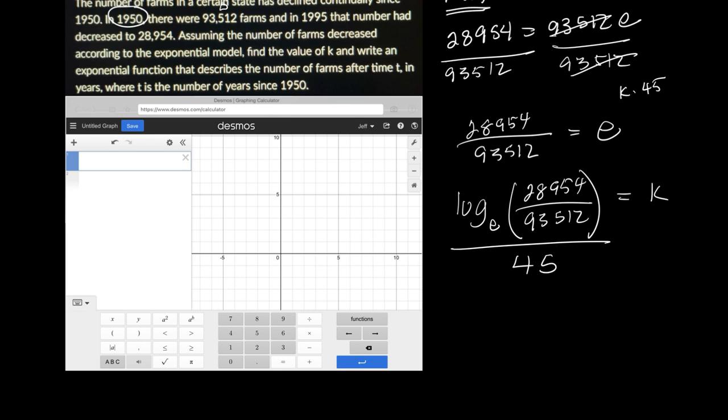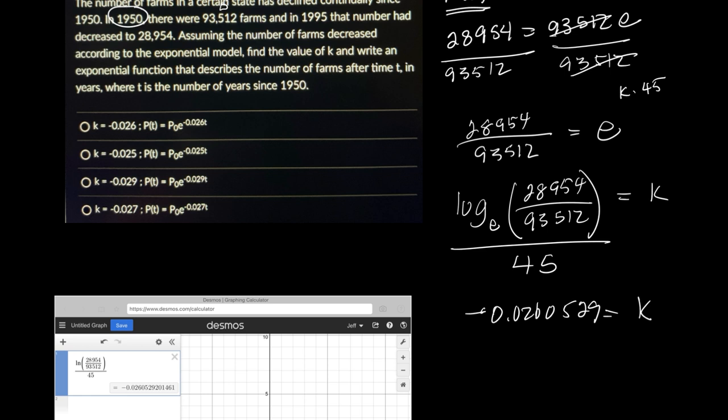So I've got to go ln of 28,954 divided by 93,512, close my bracket, divided by 45. Okay, so my k value is equal to negative 0.0260529.